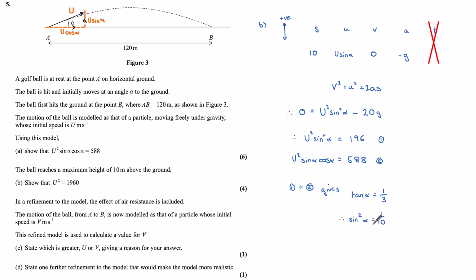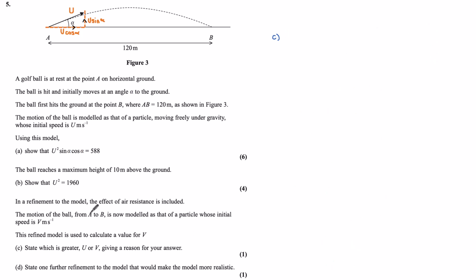So we've seen sine squared alpha can be written as 1/10, and so equation 1 can be written as u squared times 1/10 is equal to 196. And so if we multiply by 10, u squared is indeed equal to 1960, which is what we wanted.